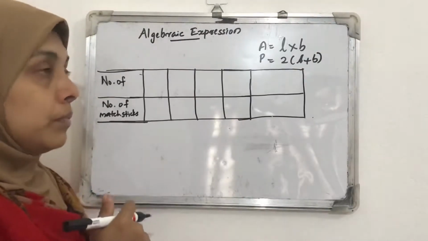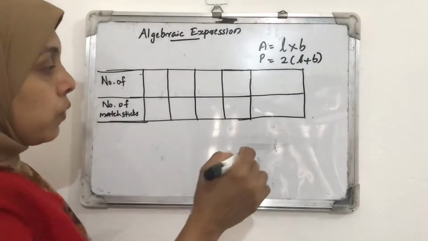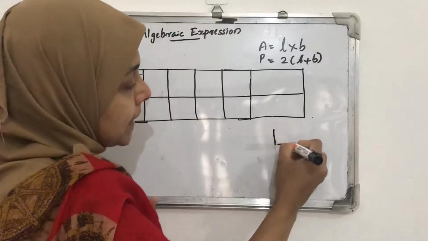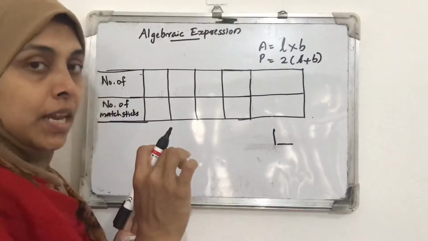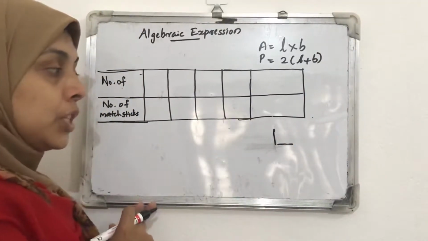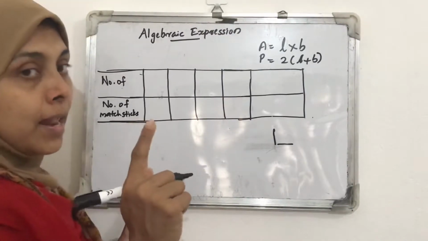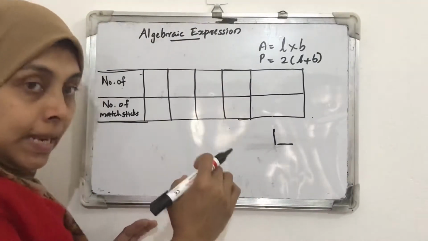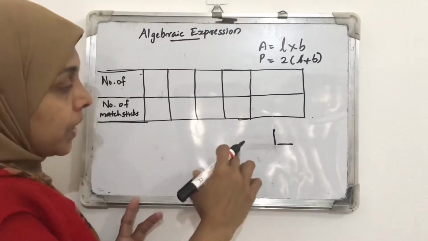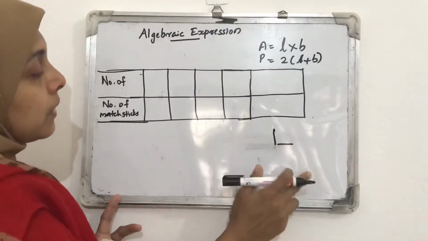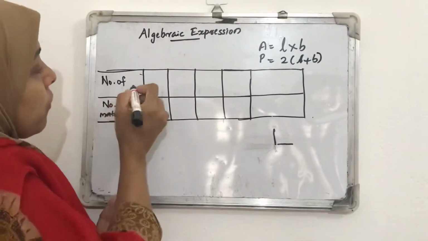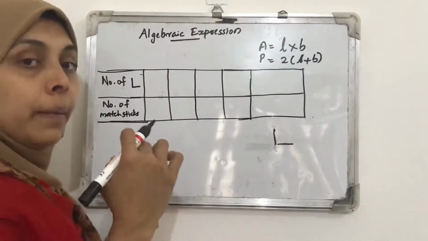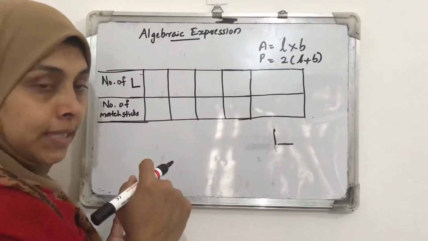Now suppose we want to form the letter L using matchsticks, the English alphabet letter L. How many matchsticks do we use to form one L? That we know, 2 matchsticks. How can we generalize an equation? We can study that by taking an example: the number of L's formed by arranging matchsticks.